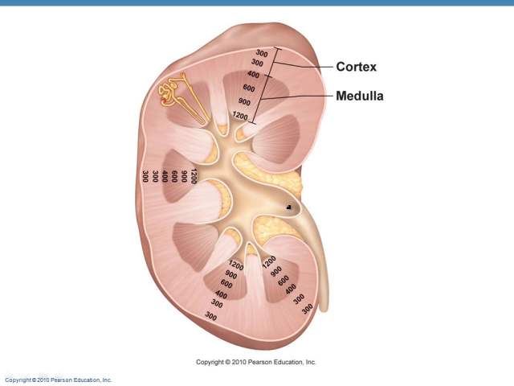And then what's left is waste. And that's going to go into the collecting duct. And most of your urine is a waste product called urea. I shouldn't say that. Most of your urine is water.